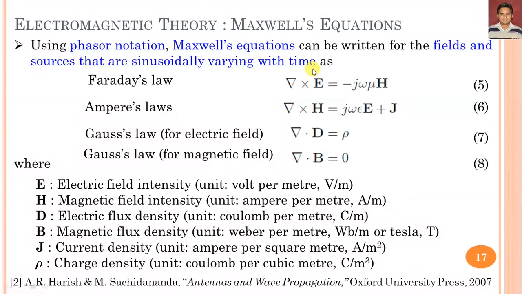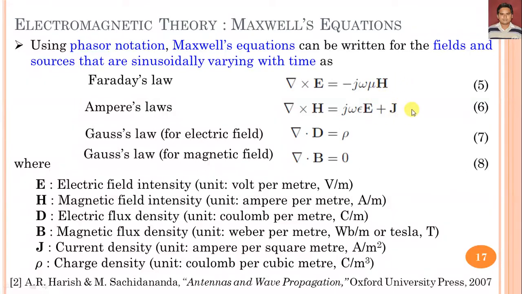Second is Ampere's law, or sometimes it is called Ampere's circuit law, and this can be represented in differential form as del cross H is equal to J plus dD/dt.